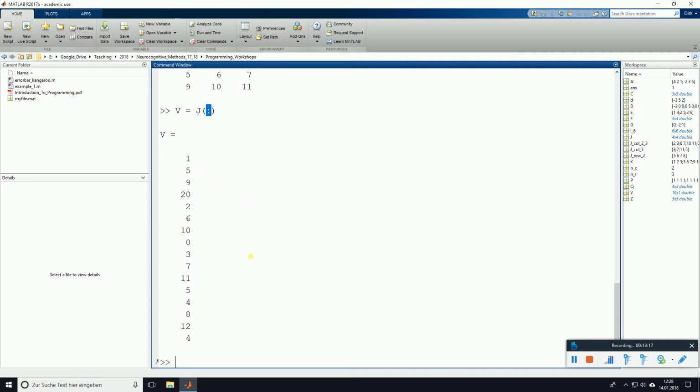Good. So everything we did here was using row and column indices, and that's generally advisable. However, MATLAB also uses linear indexing.